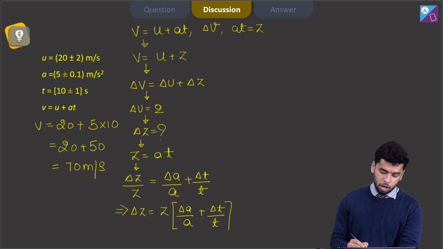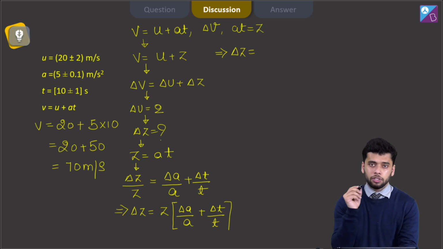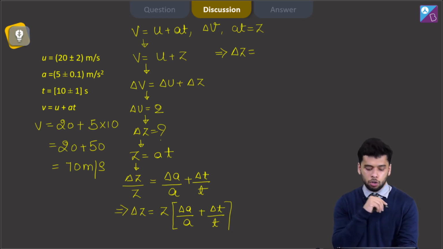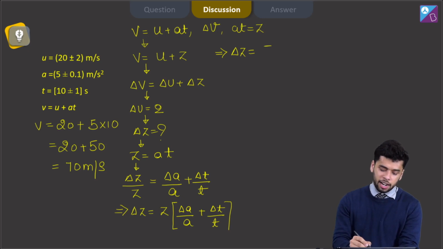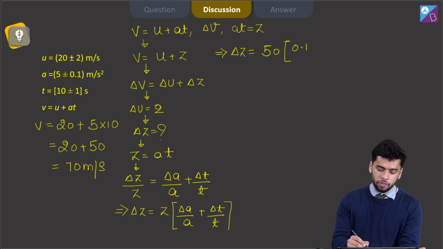Now delta z is equal to, what is the value of z? Z is the product of acceleration and time. The value of acceleration is 5 and the value of time taken is 10 seconds. So a into t is 5 into 10, that is equal to 50. What is the error in the acceleration? It is 0.1. What is the value of the acceleration?